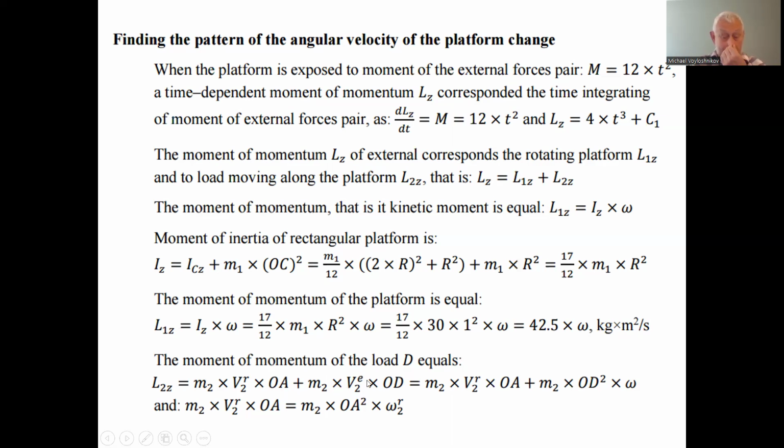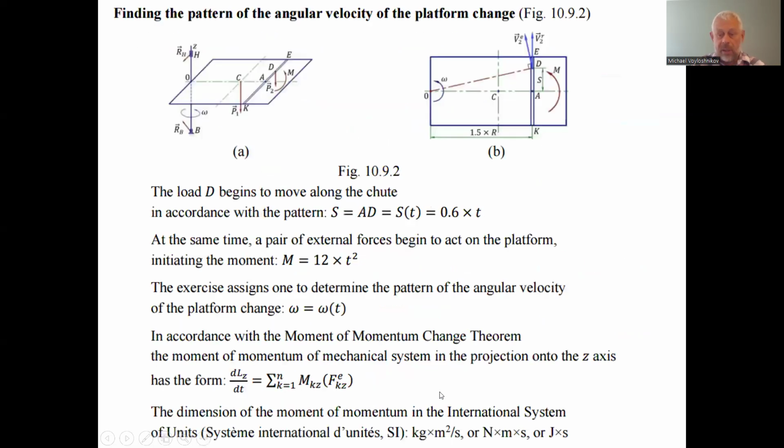Transfer motion, the same m2, yes, because we are talking about the momentum, multiplied by the velocity of the transfer motion, multiplied by the radius from the axis of rotation to the point of instantaneous location of the load. This is the characteristic, the instantaneous one, which depends on time.